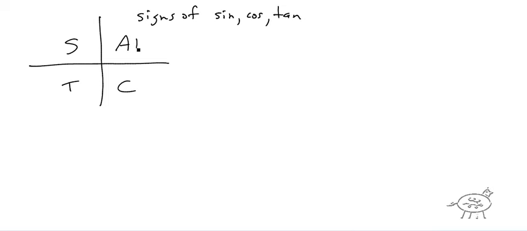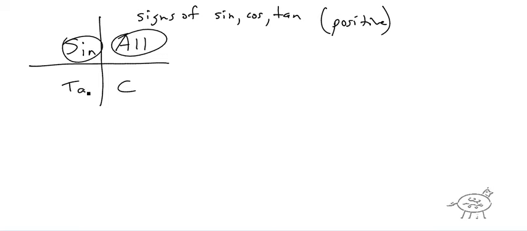Actually, when I say signs, that means where it's positive. So they're all positive here. Sine is the only one positive here. Tangent is the only one positive here. And cosine is the only one positive here.